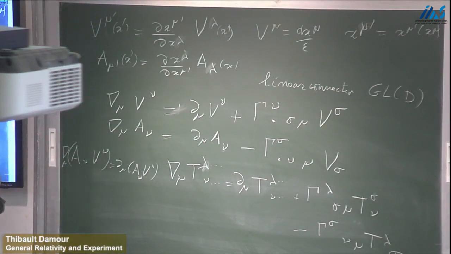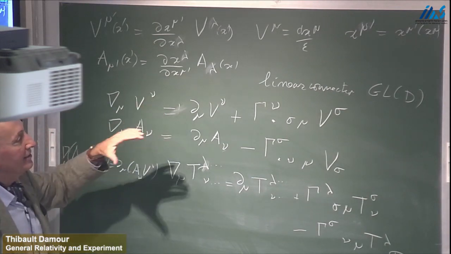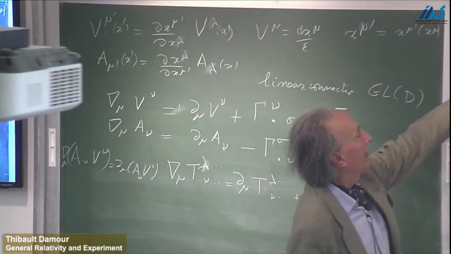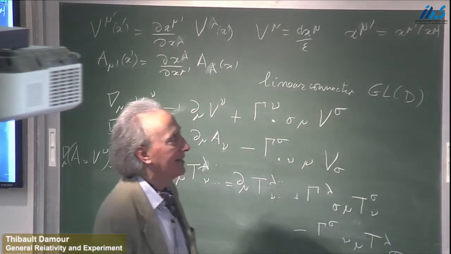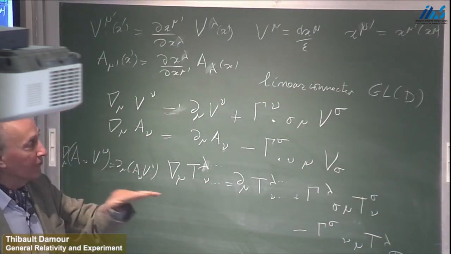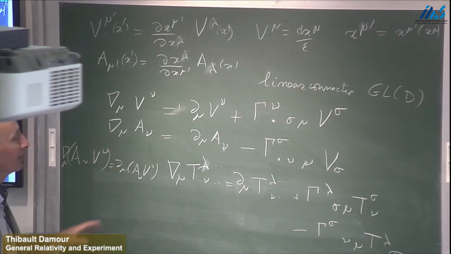So here I am just formally saying if I want to define in general relativity a connection of this general type where the fiber at each point, the vector space on which I act, is the space of vector fields, let's say, or covector fields or tensor products of these, which is a general tensor field.